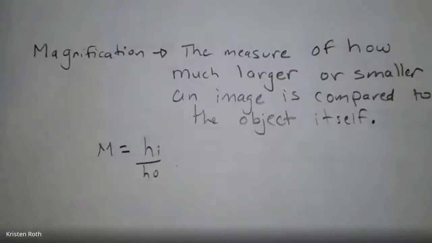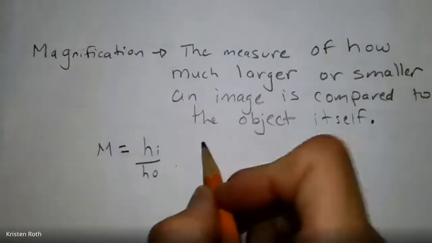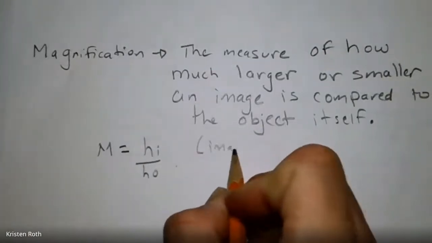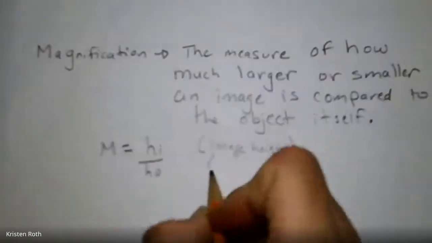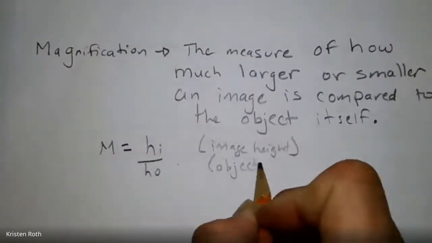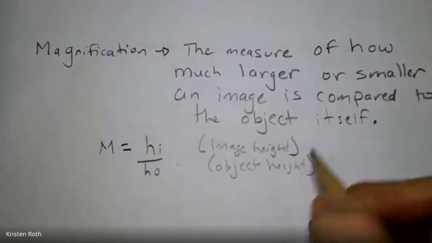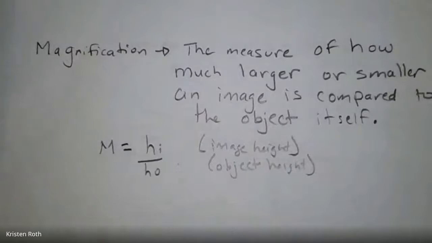Hi ho, hi ho, it's off to work we go. You got that? What is this? Image height over object height. All it's doing is comparing the height of the object to the height of the image, so it's just contrasting the two of them.